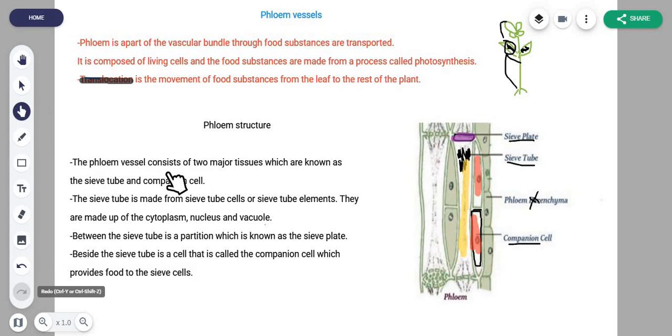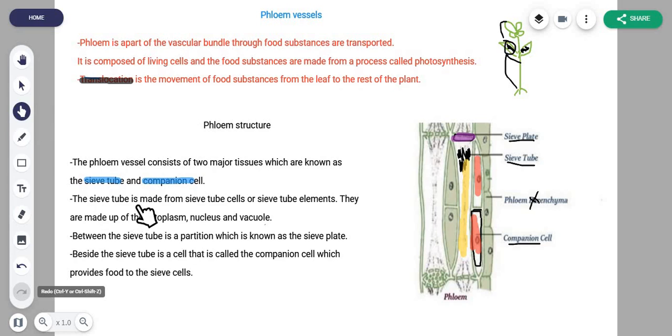The phloem vessel is made up of two major tissues, which are known as the sieve tube and the companion cell, okay? So the sieve tube and the companion cell are the two major tissues that make up your phloem vessel. So let's highlight that up. Companion cell and sieve tube.